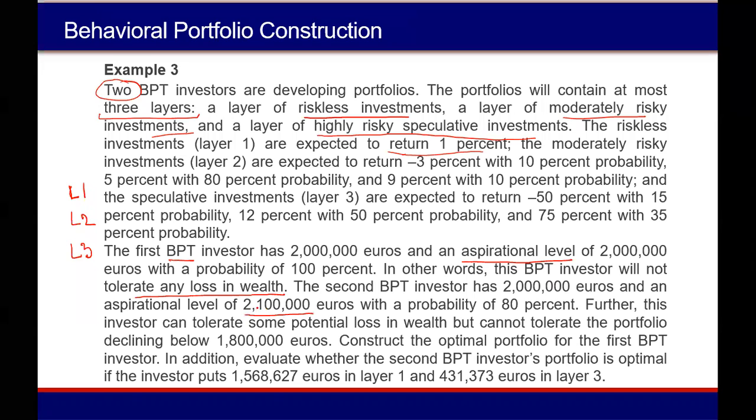If you calculate 0.1 million over 2 million, how much percentage return does he want? Is it 5%? Yes, sir, 5%. Okay, 5%. So with a probability of 80%, he wants to make sure that in 80% of cases he will have this amount of wealth, 2.1 million.